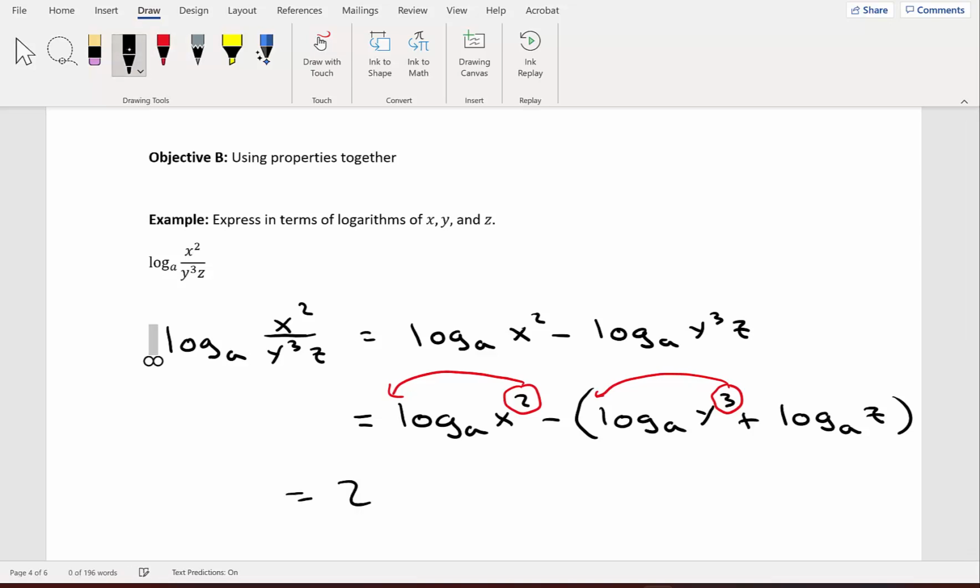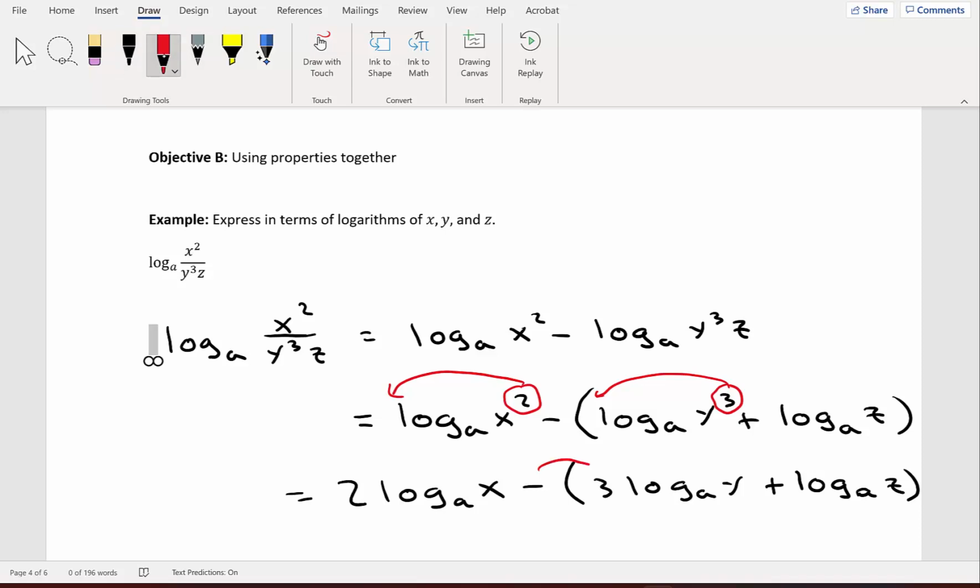So this gives me 2 times log base a of x minus 3 log base a of y plus log base a of z. And then one last thing I want to do here is just distribute out this minus sign.